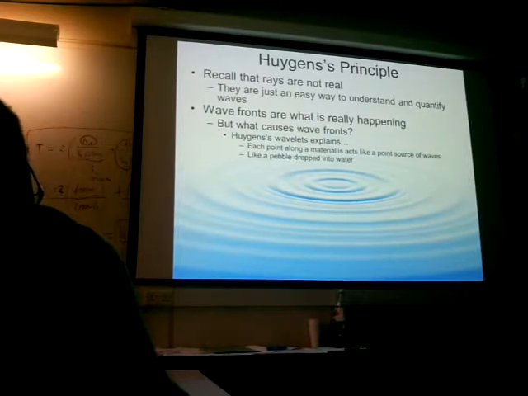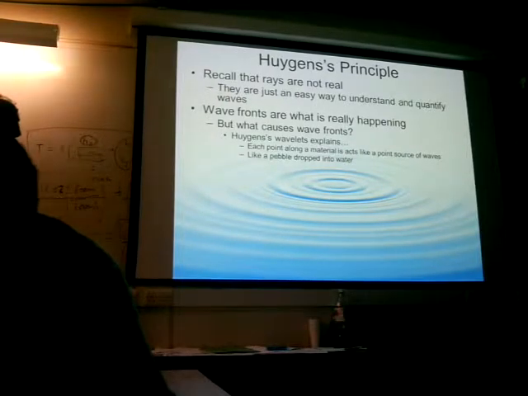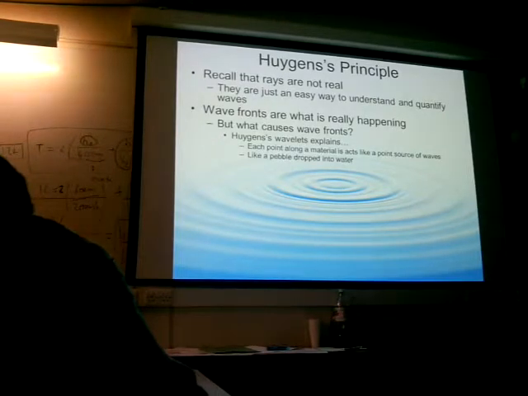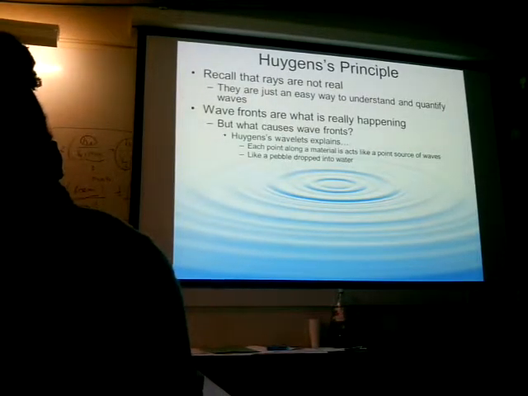So any potential reflector becomes a source. So you start to describe each point along a material as acting like a point source of waves. So every time you shoot a P wave across a reflection, it has the same effect as when you throw a piece of rock into the water. It creates waves through the surface.